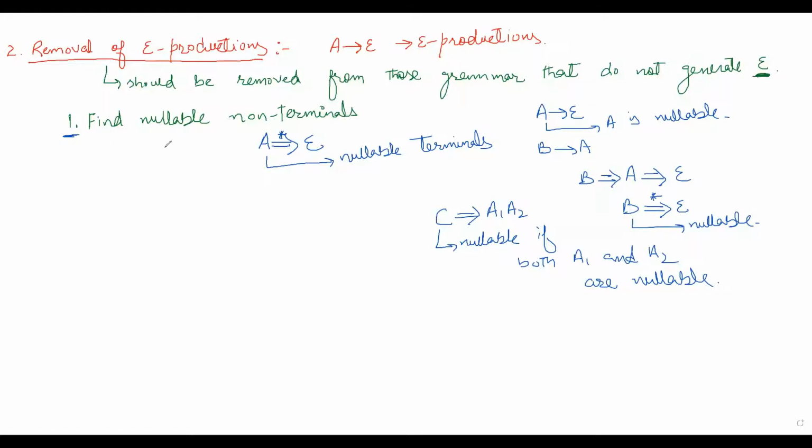Now, what do we have to do after finding nullable non-terminals? Let's suppose our productions were P. So these were our original production rules. We have to generate new production rules, such that in these production rules, we should not have these epsilon productions.